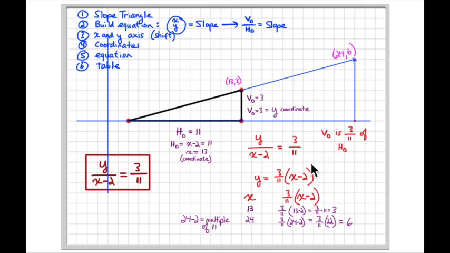Well, how do you get that from the equation? So 3/11. So now I'm going to use as the x-coordinate 24. So that 24 minus 2 is shifting this whole triangle over 2 units to the left. So this number of units in the horizontal direction is now going to be 22 units. From this point right here to this point right here is 22 units.